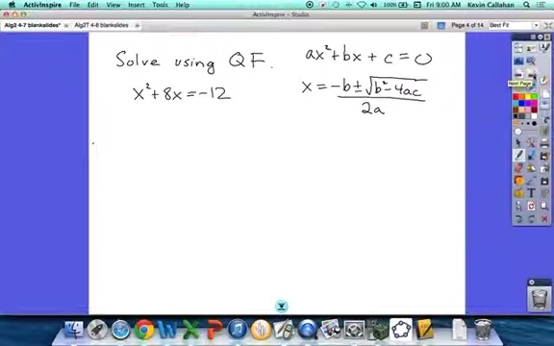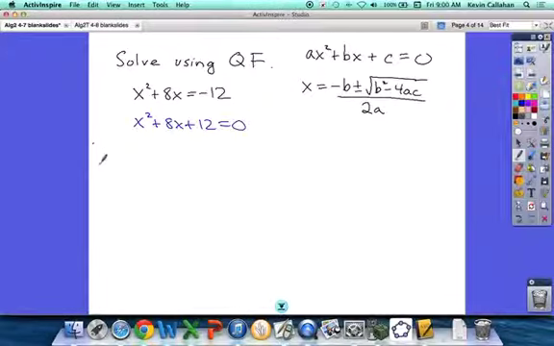Am I ready to identify my a, b, and c, looking at the equation I'm trying to solve right here? It's got to have a 0 on one side. So what would we do, probably? Add 12. So this is going to be x squared plus 8x plus 12 equals 0.